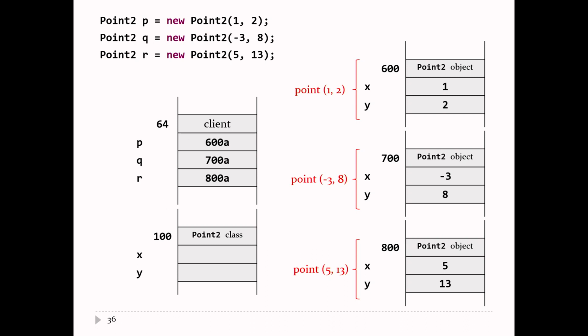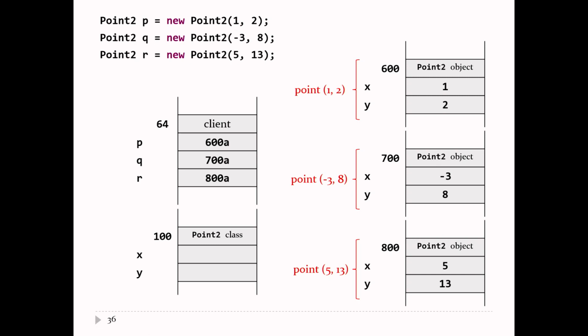When you write new Point2, that looks at the class and makes a copy of the class and plunks it down somewhere in memory. So that first new Point2 takes the Point2 class, copies it into memory somewhere, to produce a Point2 object. So use the class as a blueprint to produce an object.